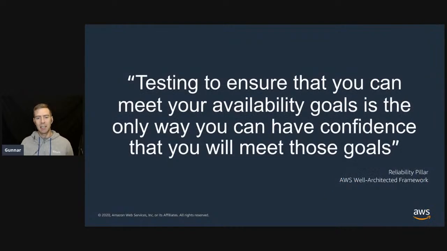So this is a statement from the updated reliability pillar of the AWS well-architected framework. Testing to ensure that you can meet your availability goals is the only way that you can have confidence that you will meet those goals.